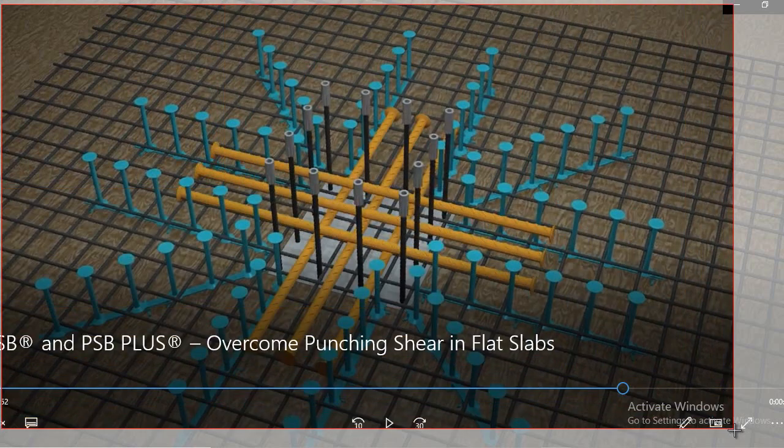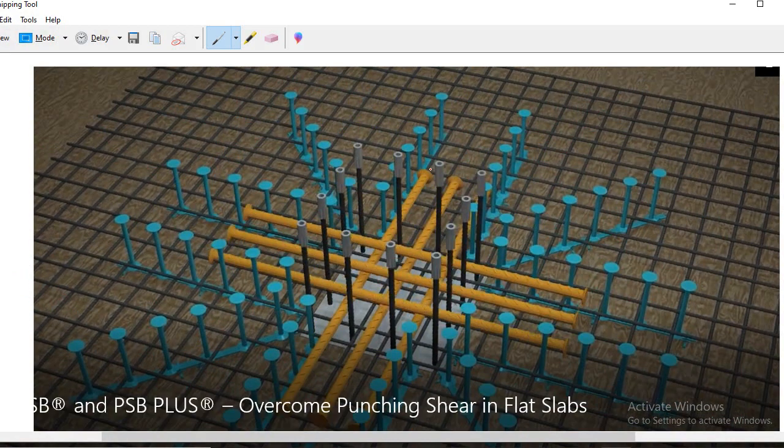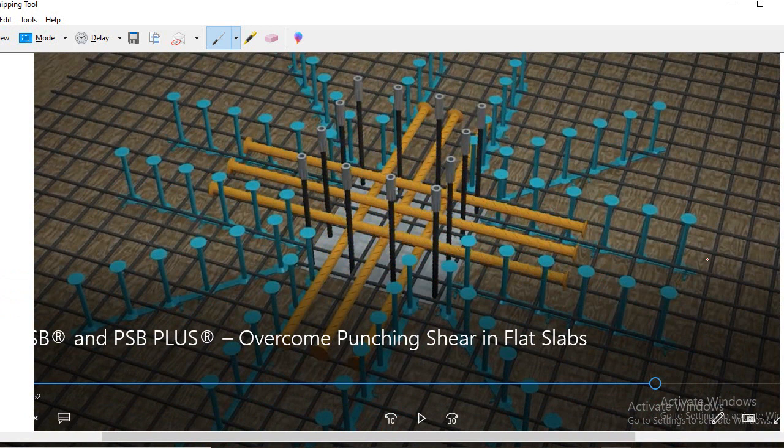Let me show you here. Okay, remember, we have one stud here. So this distance is S, which is 3 inch. Now 1 2 3 4 5 6, we have 6 spacings, and from the face to the first stud it is S0, and this is 3 inch as well.